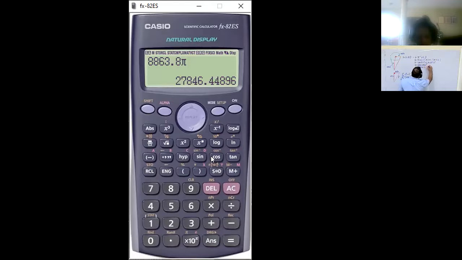And the answer will be square inches. All right, this is the way you have to perform your calculator if you wish, or you can multiply that answer using the constant value.